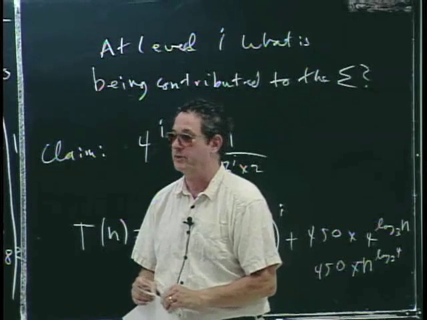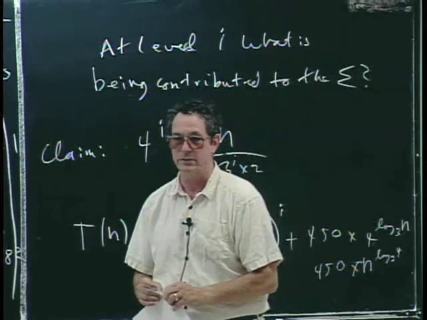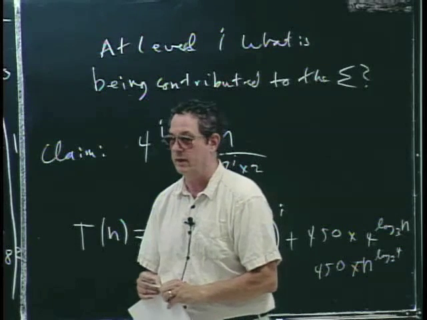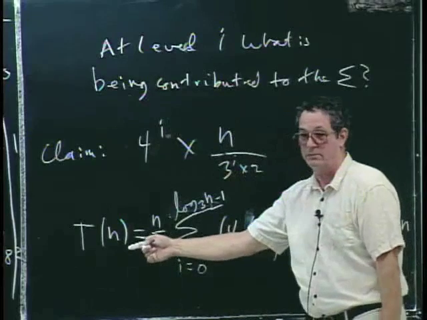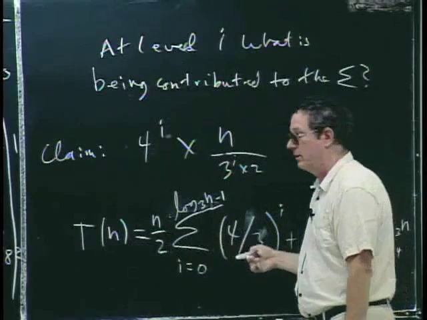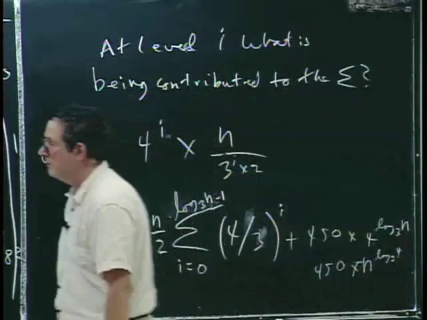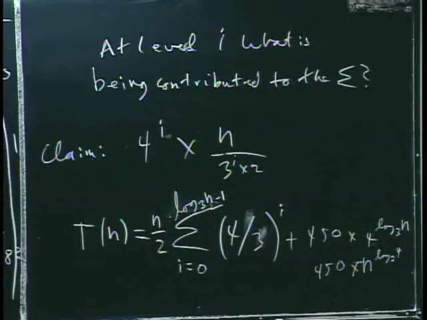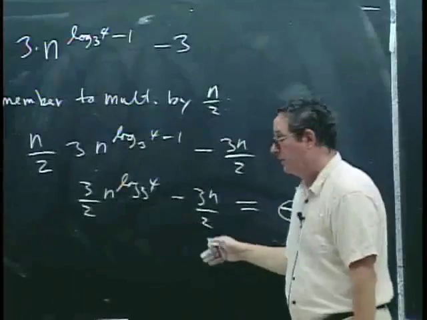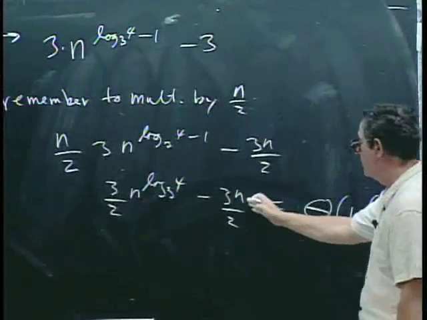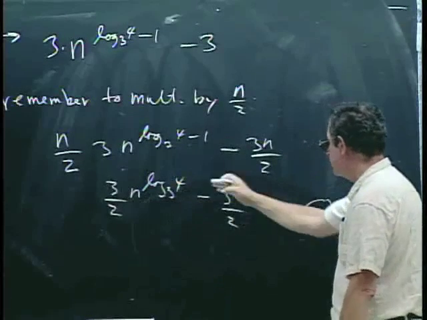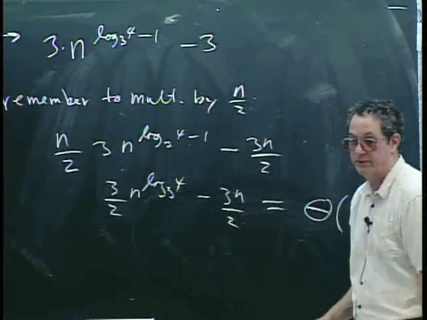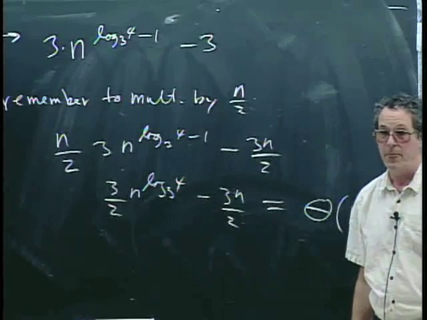Okay, it's a tricky question, and people lack the context of why I would even ask that. And the answer is it is equal because everything we did was exact. We have an equality here, and everything we did all the way through was exact manipulation. And so ultimately, this is the right answer for T of n, and this function is theta of n to the log base 3 of 4. So that's fine.